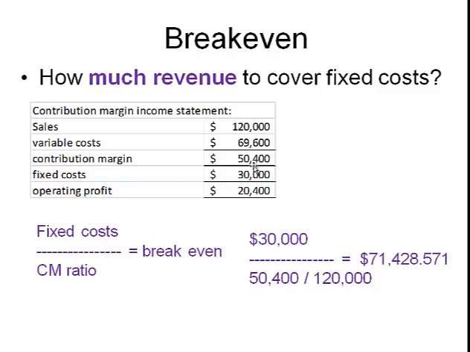The contribution margin ratio is the contribution margin over the sales. So then break even for this firm would be their fixed cost divided by the contribution margin ratio here, which is 42% or 0.42. And so we would have to sell 71,428.571 sales dollars, not units, sales dollars, in order to achieve break even.